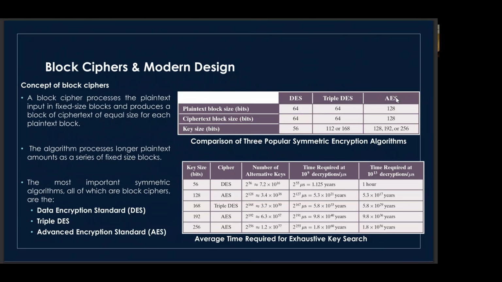The concept of block cipher is that they process the plaintext in fixed-size blocks. That's why they call it block. For example, if you have a very long text, one work document, it doesn't encrypt everything in one go. It will be split into, for example, a 64-byte fixed block size, maybe one page each, depending on the block size that you set.